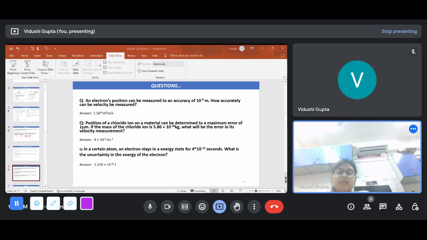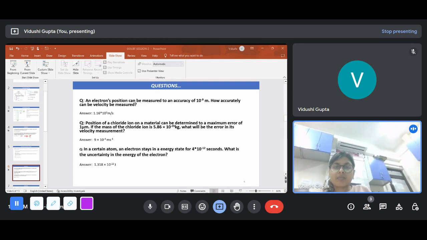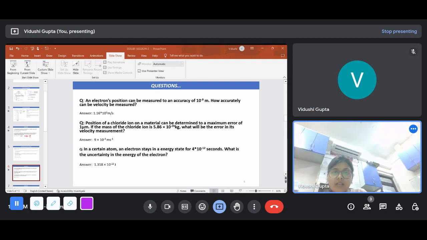So it will be 6.626 into 10 raised to minus 34.